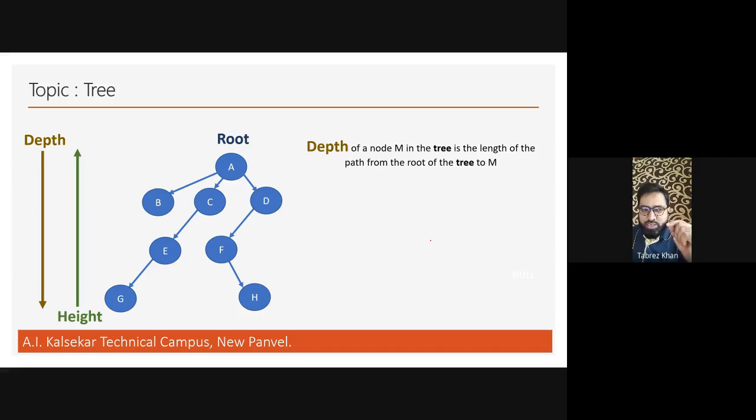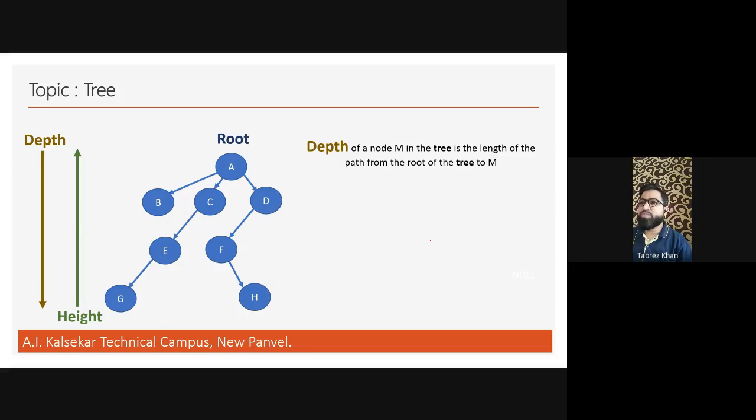The calculation of depth starts from the root, as indicated by that arrow, and goes up to the node whose depth we want to find. The length of that path is called the depth of that node.